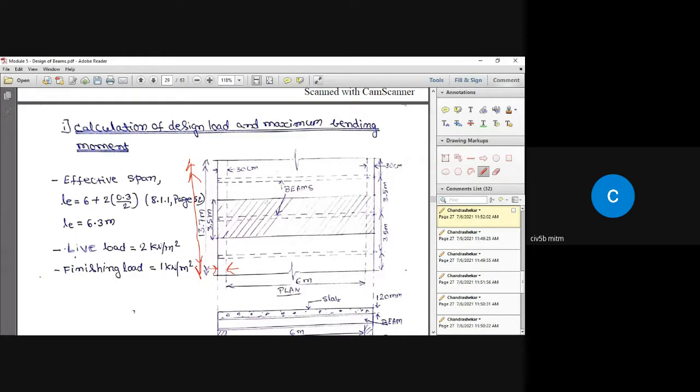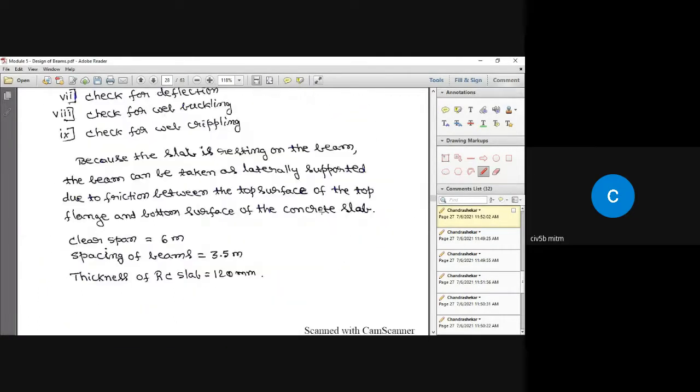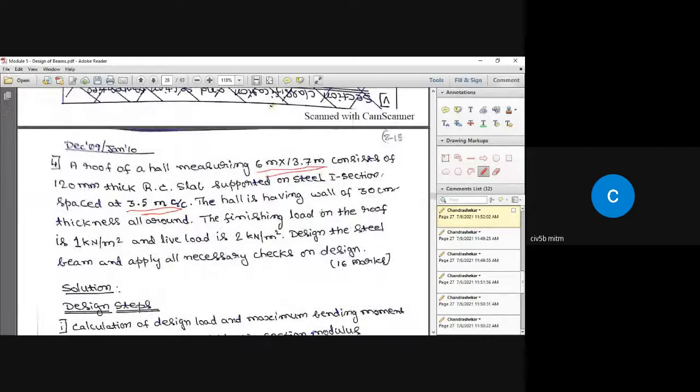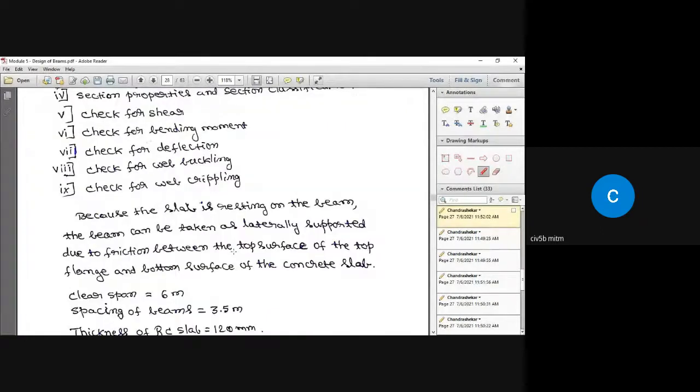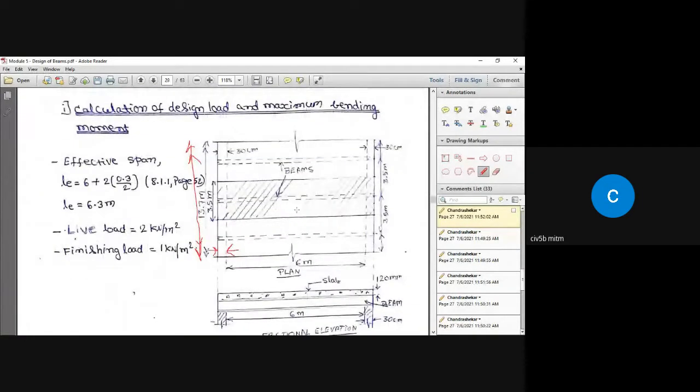Okay. So what is the thickness of this slab sitting on these beams? The thickness of this slab sitting on these beams is 120 mm thick. Okay. And if I consider one of the beams, say this beam as shown, what is the area which is contributing load to that particular beam?